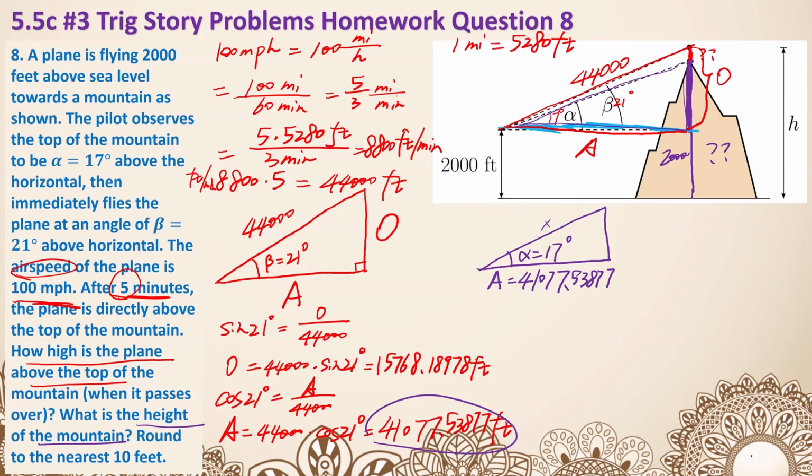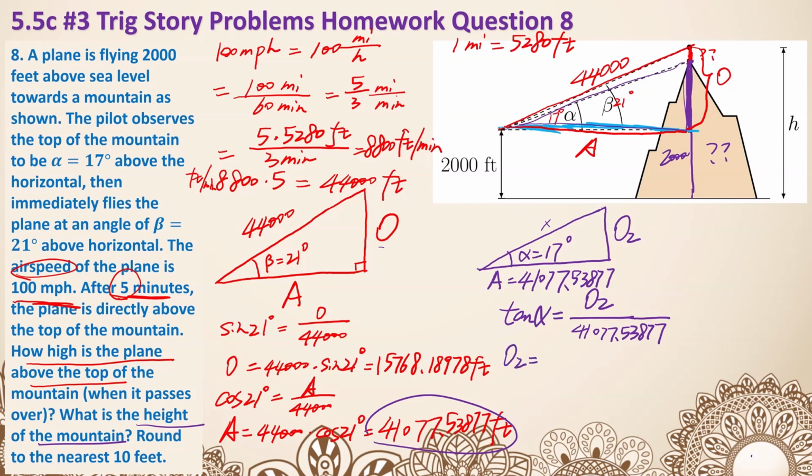Now we need to find the opposite in the smaller triangle. That's going to be the part we need to answer both questions. Since I already used O for the previous one, let's say this one is O2. In order to find that, we know the adjacent side, so we're going to use tangent. So tangent alpha is the opposite this time over the adjacent, which is 41077.53877. I'm going to multiply both sides by that number.